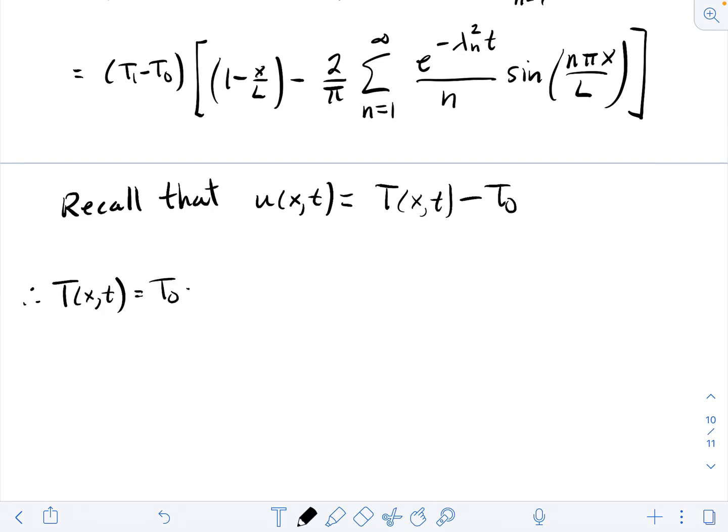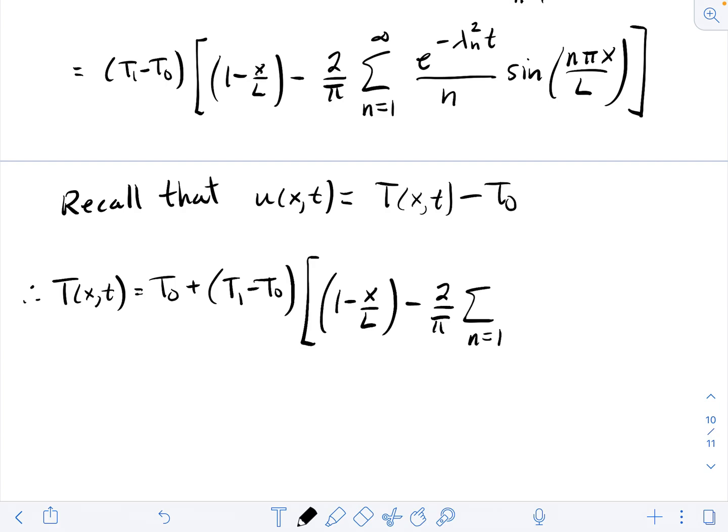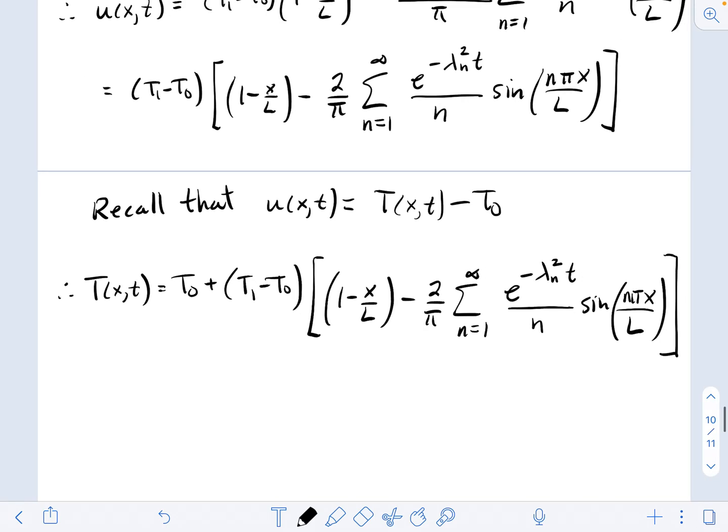So we get T naught plus (T1 minus T naught) times everything in the square brackets, with exponential of minus lambda squared t over n, sine of n pi x over L, and close the bracket.